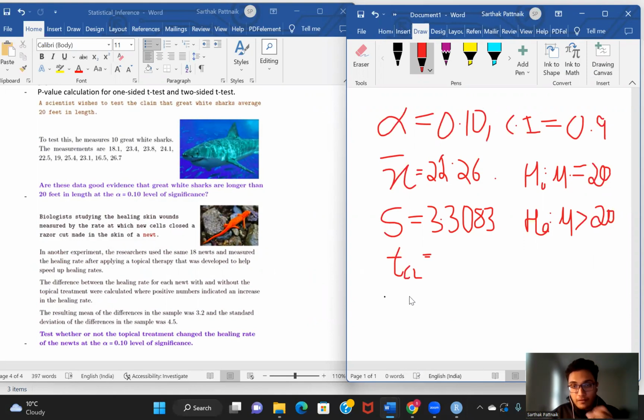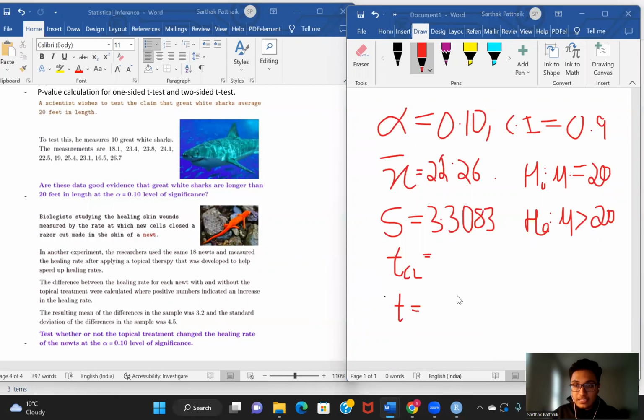Now let us calculate the t critical and the t statistic as well. So as I mentioned, when you are doing hypothesis testing, you need to finalize whether you want to accept or reject the null hypothesis. You can do it in two ways. Either with the test statistic procedure or with the p-value procedure. First, we look at the test statistic procedure.